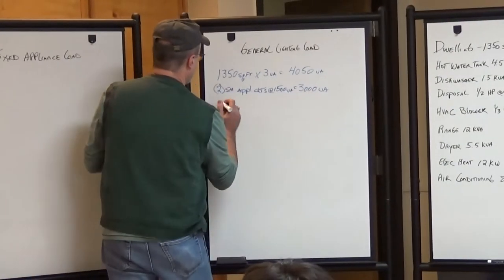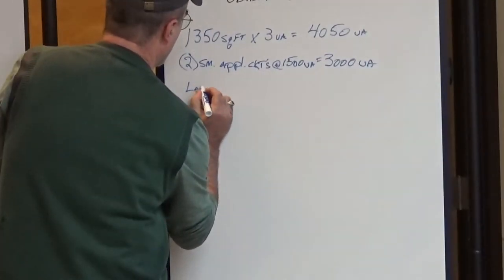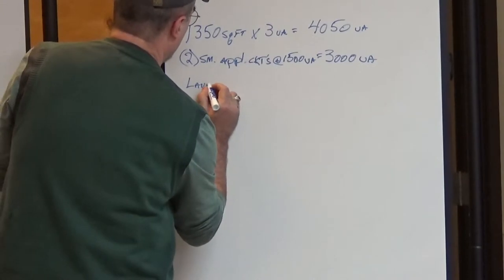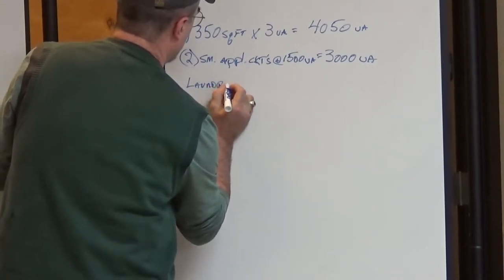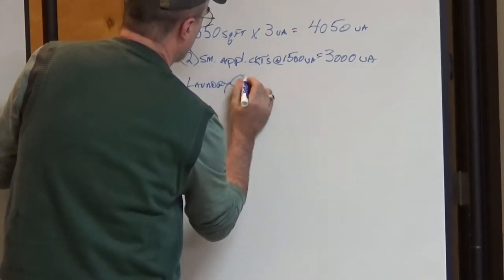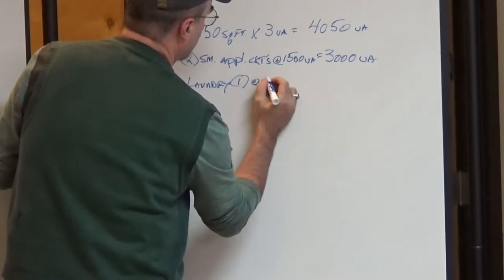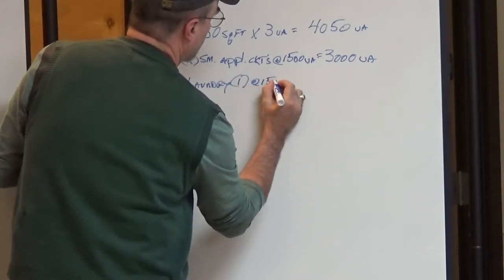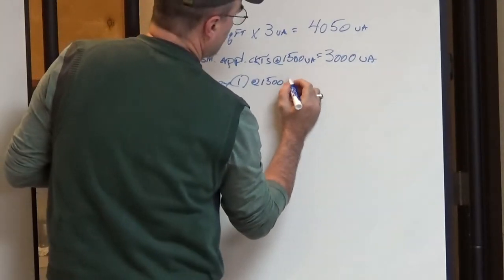So we'll go with laundry, one, at 1500 VA.